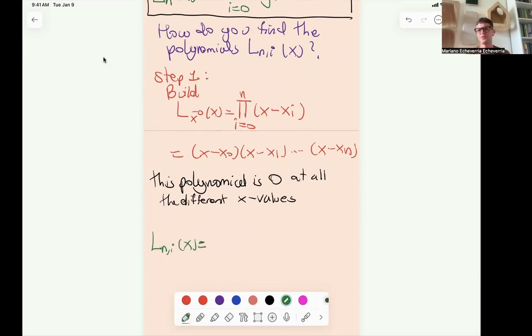I'm about to do another example to show you what it looks like, and you'll see it's relatively straightforward to find them. It will be the product.